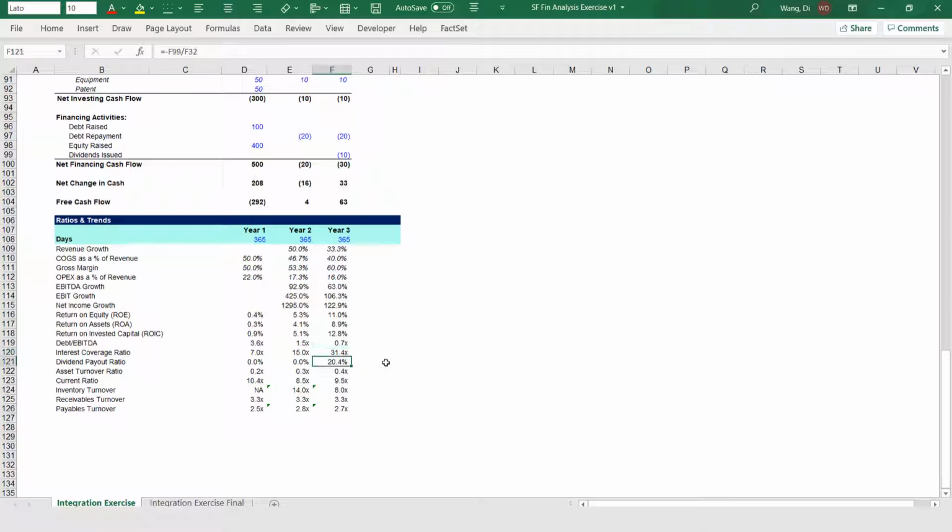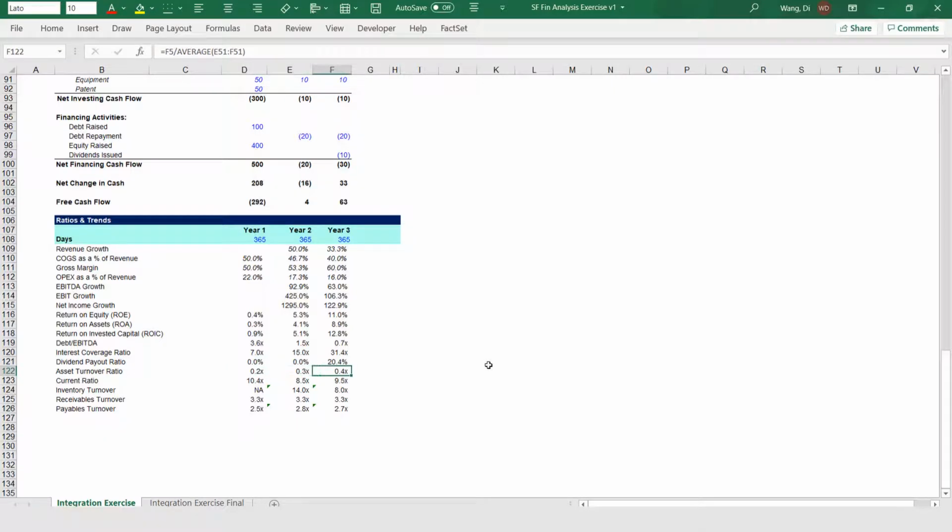But nonetheless, $10 in year 3 is paid back to the shareholders, and that is actually a dividend payout ratio of 20%. Asset turnover ratio is climbing as well, which can be attributed to the company being more efficient with its assets.